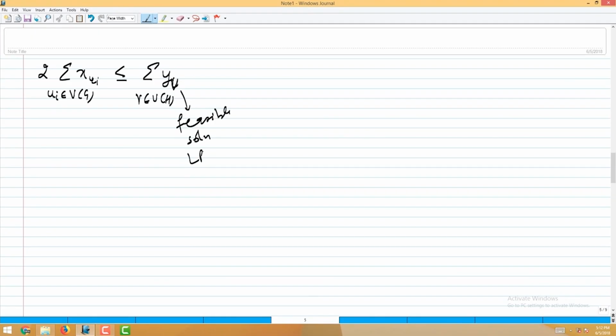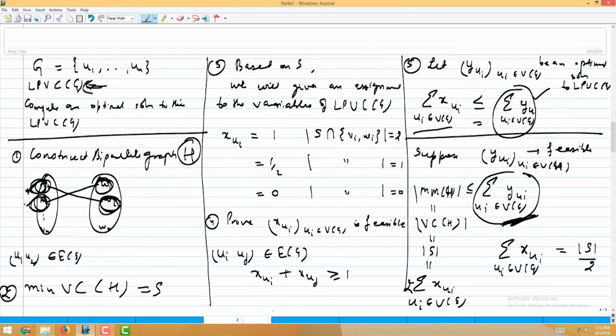Basically it is a summation over all the v_i's and w_i's, because this is the feasible assignment for the set V_H. So you have to take the assignment corresponding to every vertex in V_H, where y is any feasible solution to the LP of H. This is what we have.